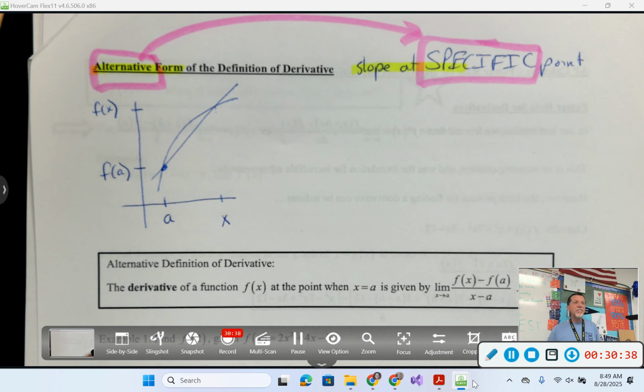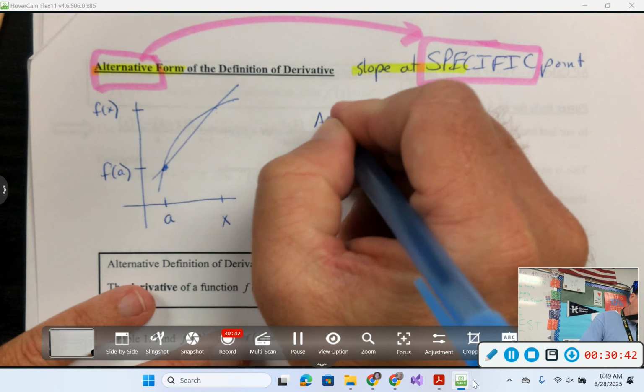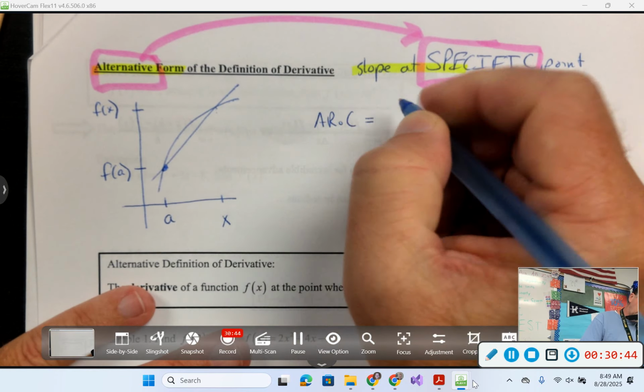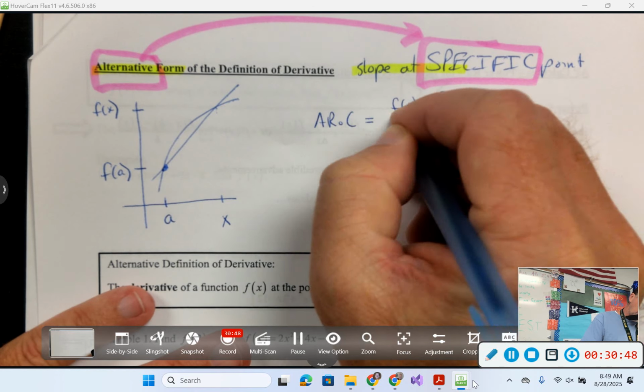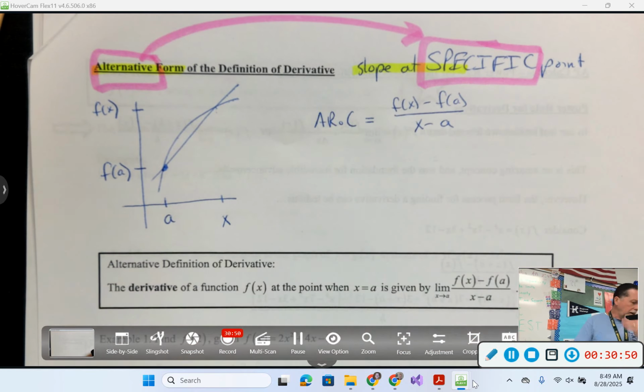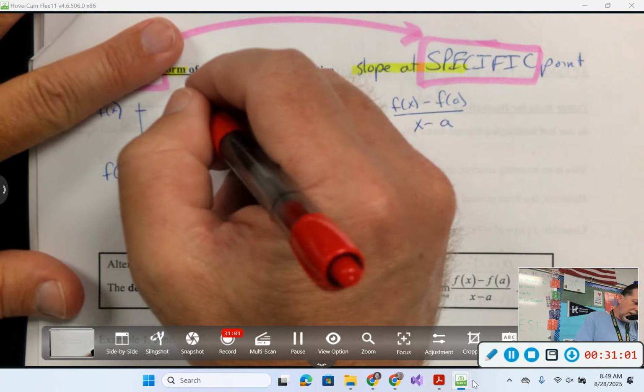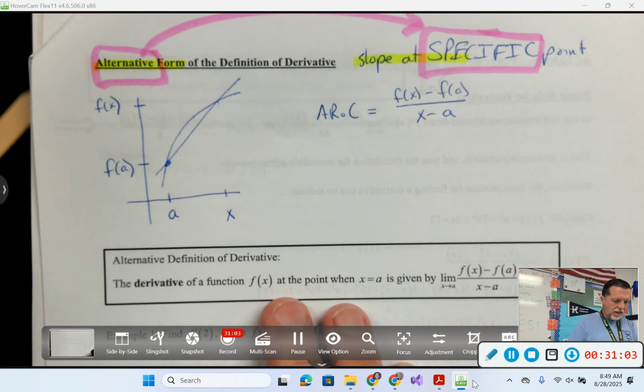We're going to follow the same steps. Let's write the algebra slope first. So the algebra rate of change is f of x minus f of a over x minus a. And there's no h to change in this one to move my secant line to become a tangent line.